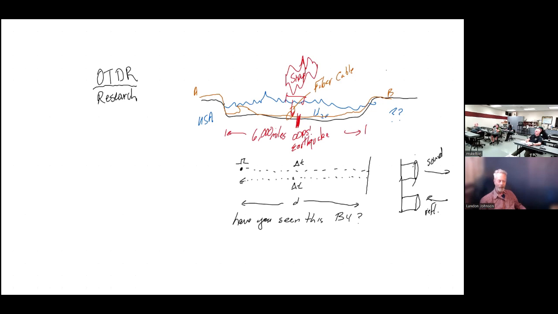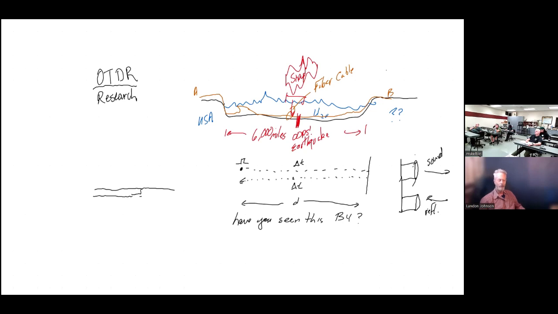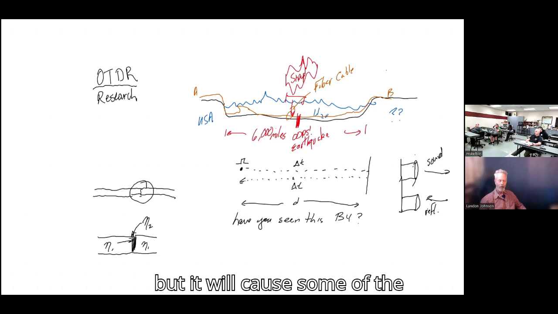So when we look at that break underneath, which looks like this, my drawing just plain sucks, but if we take and blow that up, what we actually have is a boundary. And will that act as a mirror and reflect it? I wouldn't say it will act as a mirror, but it will cause some of the light to reflect.